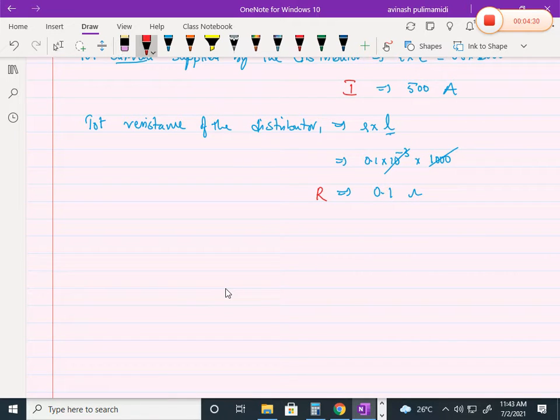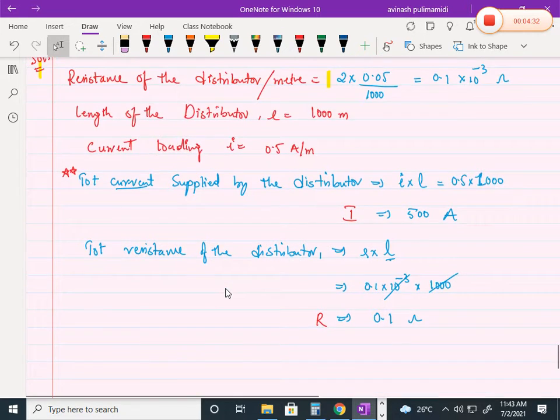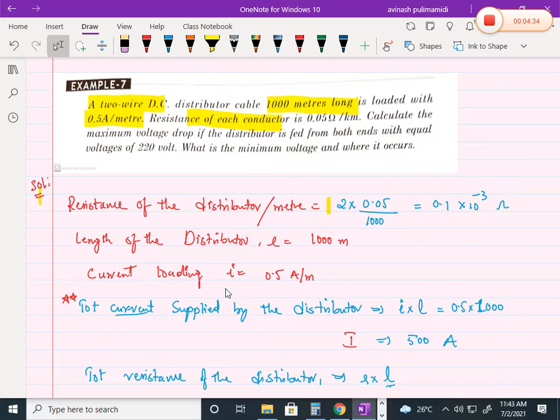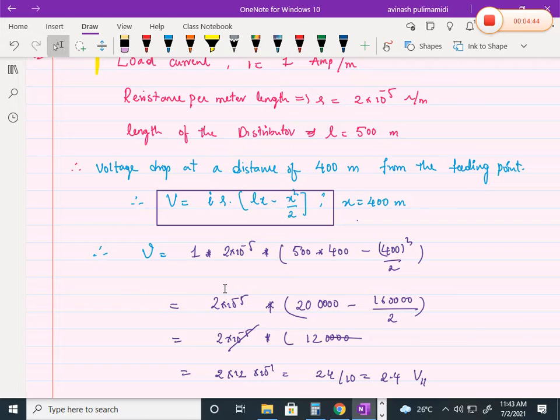Next, what is the minimum voltage drop? If you don't remember this formula, directly go back to it.